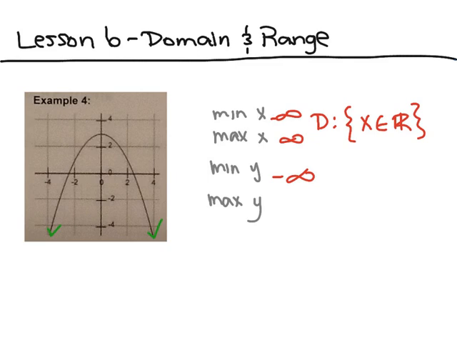It's going to go down forever. It has a maximum, though, of 3. So we know that the range has to be smaller than 3. So we write y is less than or equal to 3. So it opens down, so it's less than.